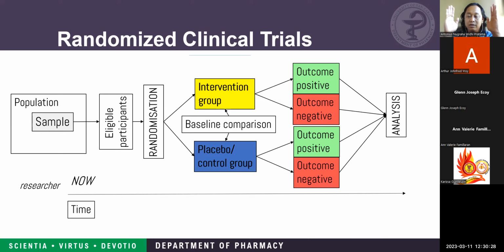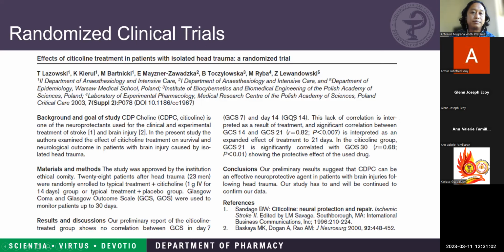That's why we need to be strict with the eligibility. And then they undergo the randomization to be in the intervention group and placebo control group. Then there will be a baseline comparison. We need to have the same characteristics between the intervention and control group. And then we give the intervention and observe the positive and negative outcome.